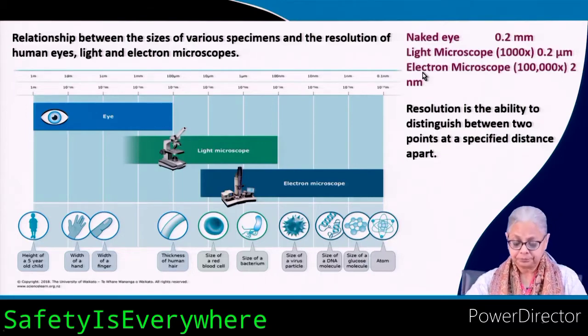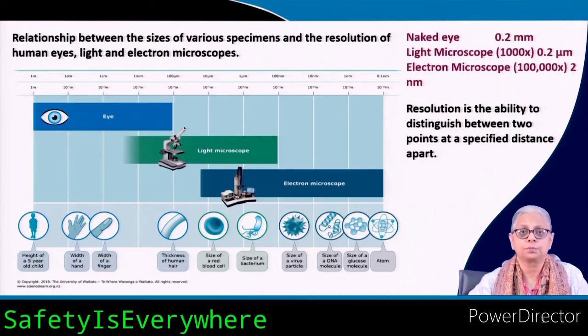And now we have several other types of microscopes as well. Now let's look at electron microscopes. They go down to 100,000 times magnification, which means you can reach all the way down to 2 nanometers. Now there are other microscopes like atomic force microscopy and so on. You can go down to 1 angstrom or maybe even less than that.